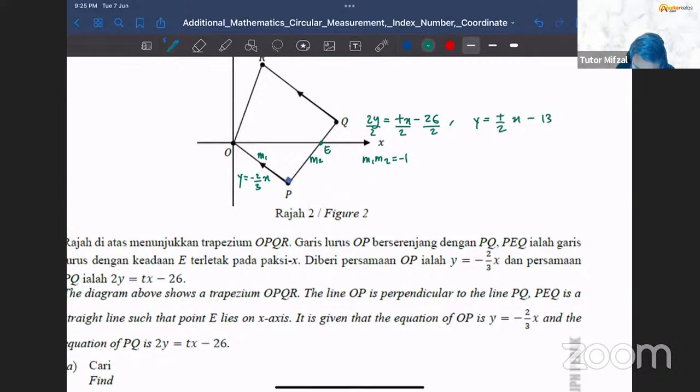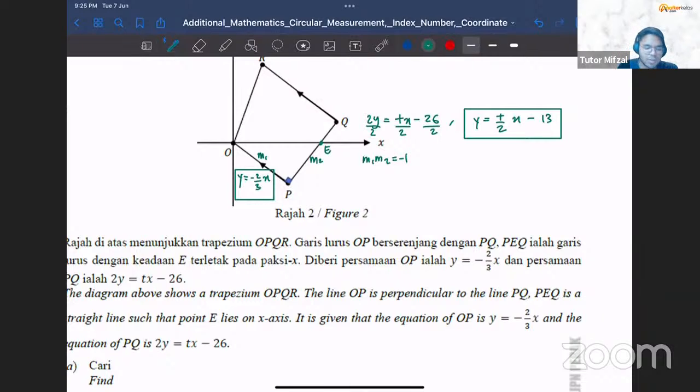Y equivalent to T over 2x minus 13. Now, as I have mentioned just now, the equation of OP and the equation of the straight line PQ can be related with the formula M1 M2 equivalent to -1.